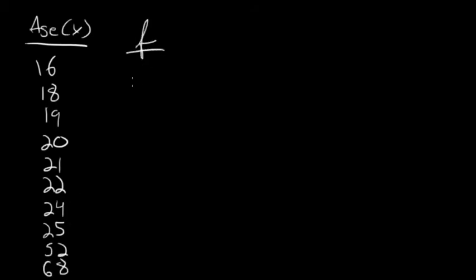Now, remember, we had our frequency, so how many times did it occur? 1, 2, 19 was 2, 20 was 3, 21 was 2, 22 was 2, and the rest just occurred once. Okay, but now we have to do this f of x.